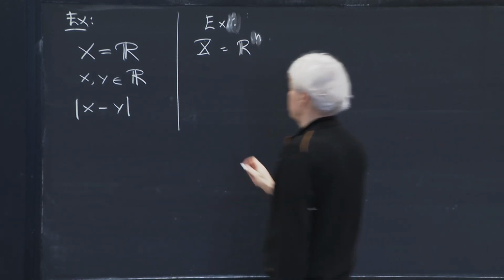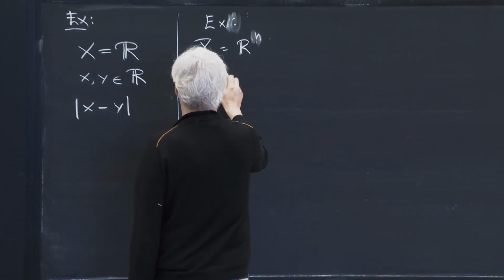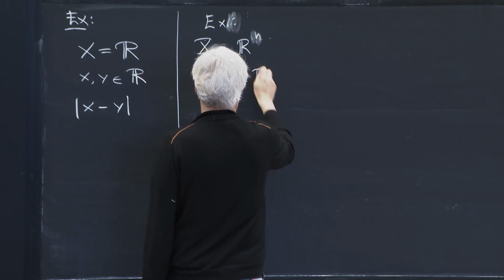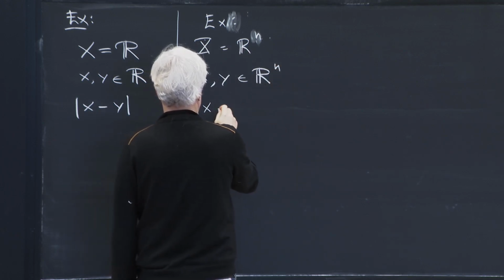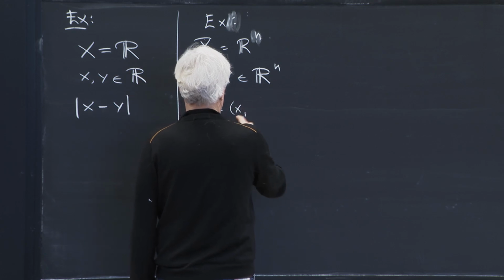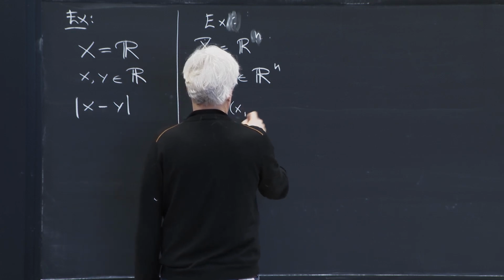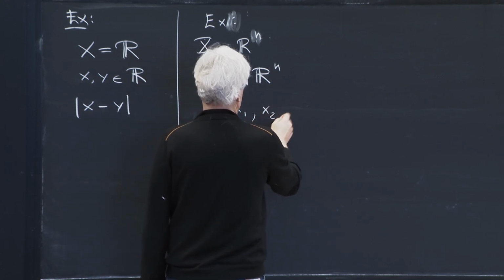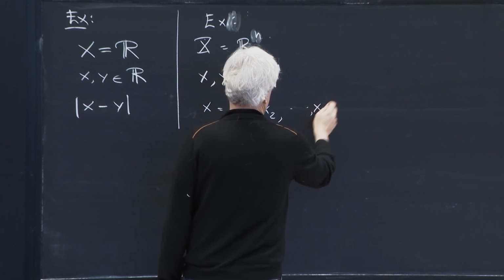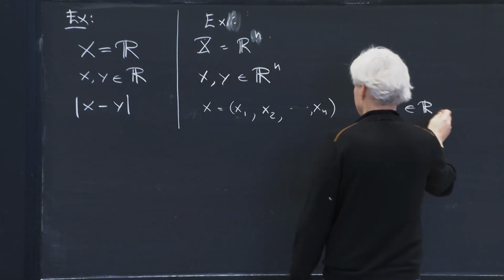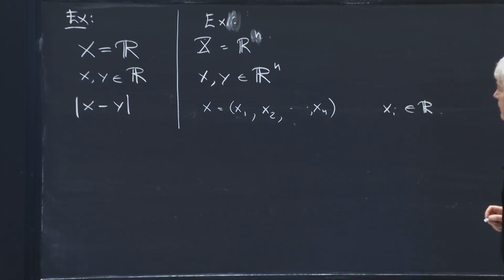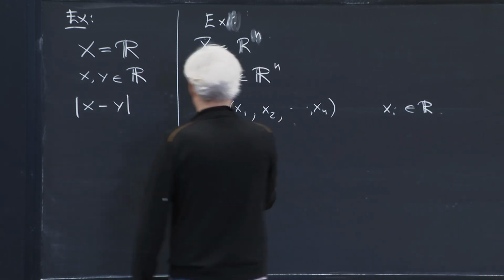And if you think about two elements in Rn, say x is written as x1, x2, up to xn, where each of these xi's are in R, and there are n many of them, and likewise for y.